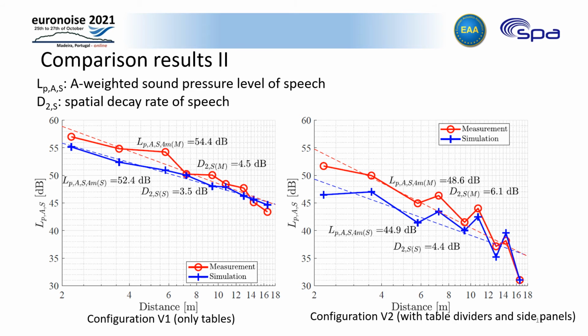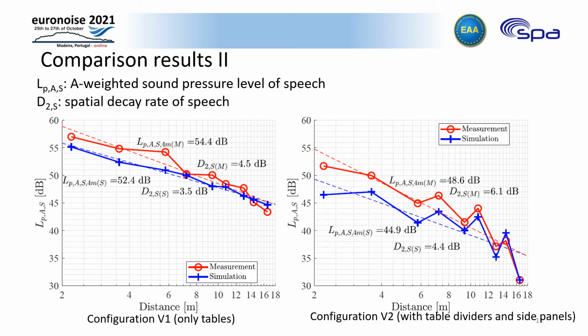It can be seen that the simulations have a lower predicted sound pressure level of normal speech for all receiver locations except the 8th receiver. The discrepancies get smaller at further distance. Furthermore, the simulated spatial decay rates of speech are smaller than the measured ones in both cases.